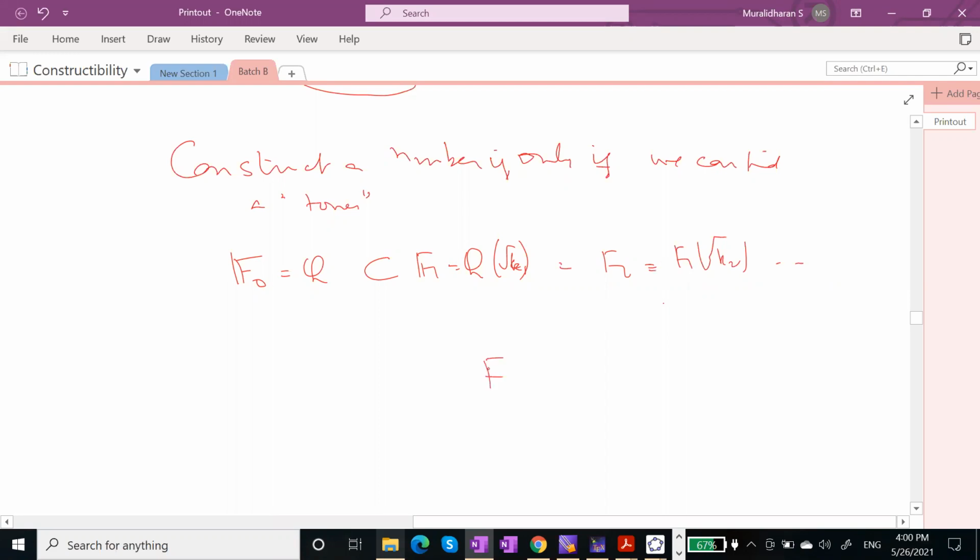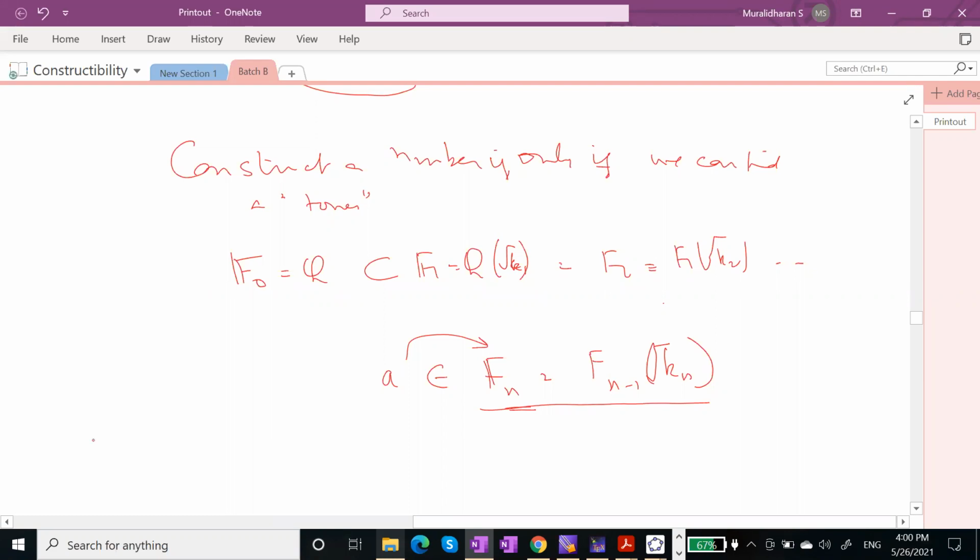Suppose my Fn is Fn minus 1 adjoined with root of Kn, and my number A must be here. For some n, it can be 10,000 or 15,000, I don't care. For some value of n, A must be able to be constructed in this form. Then only it is constructible.